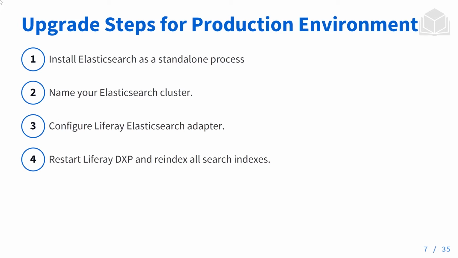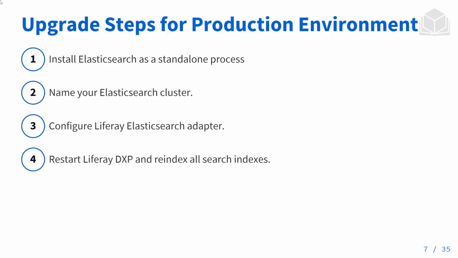Let's say we are in the production world though. There are a couple of steps we need to follow in order to get our Elasticsearch working in the production world. First, we're going to need to install Elasticsearch as its own standalone process, either on its own server, own computer, own machine, or on your own machine here, whatever the case is. Next up, you're going to have to do a little bit of configuration. You can give your Elasticsearch server a name, and you can also configure an Elasticsearch cluster.